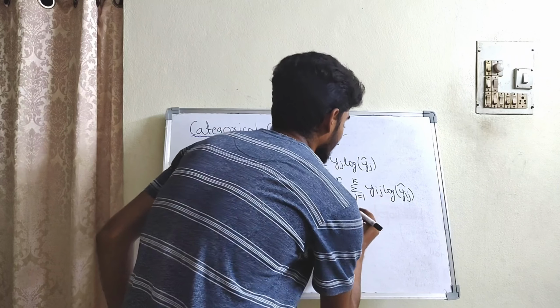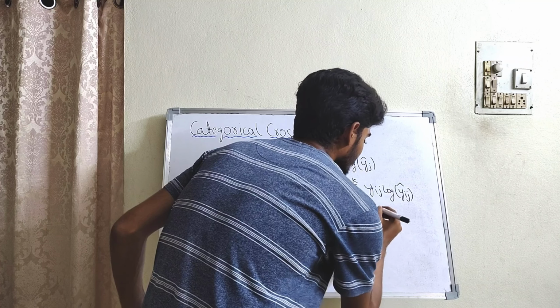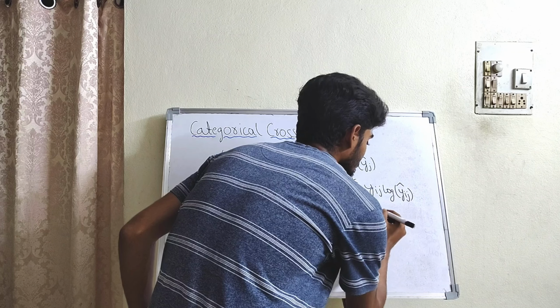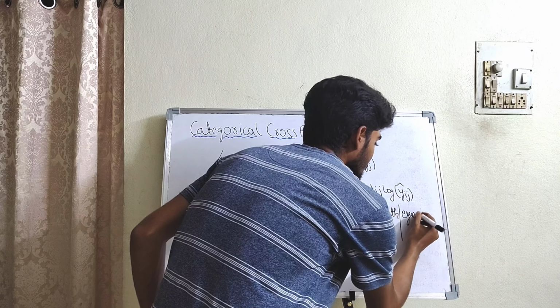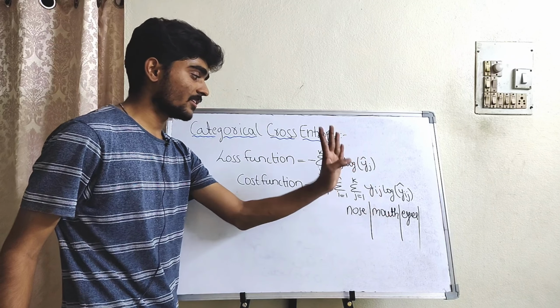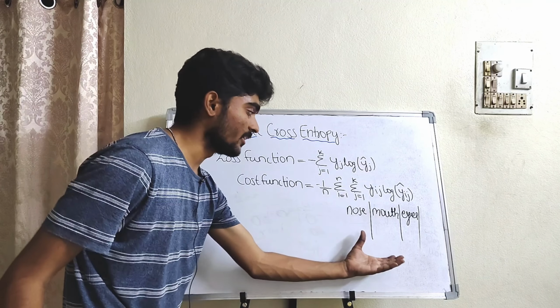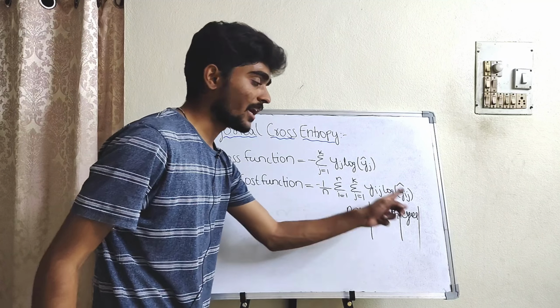Let's take a dataset with the features nose, mouth, and eyes. This is a sample dataset, and in this sample dataset we have three features: nose, mouth, and eyes.